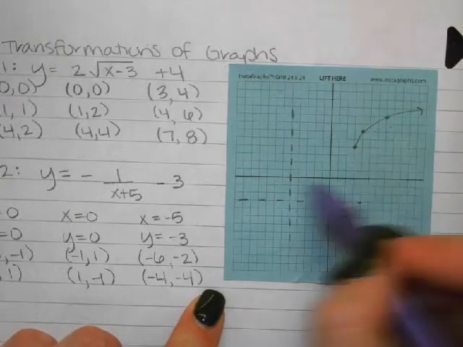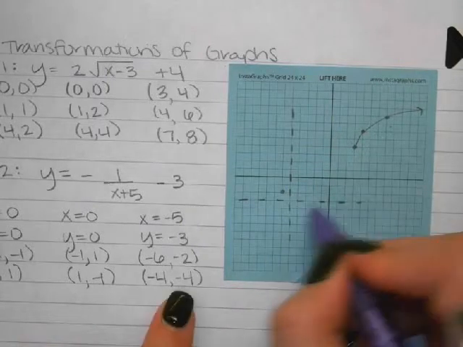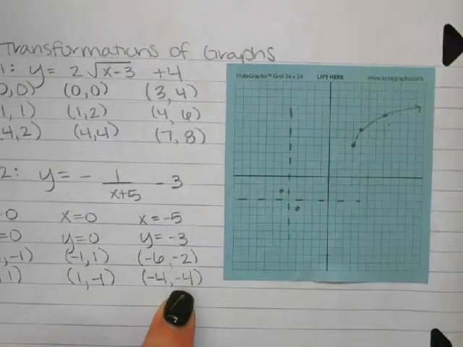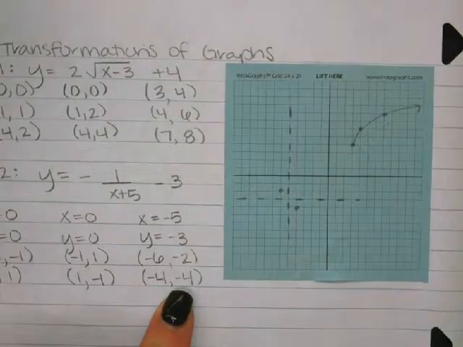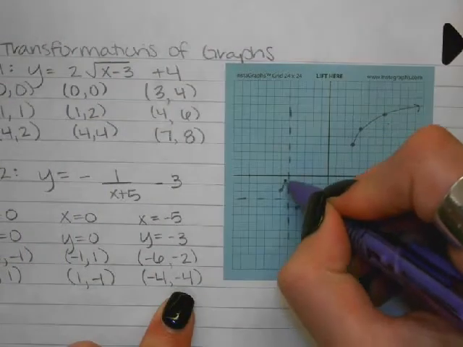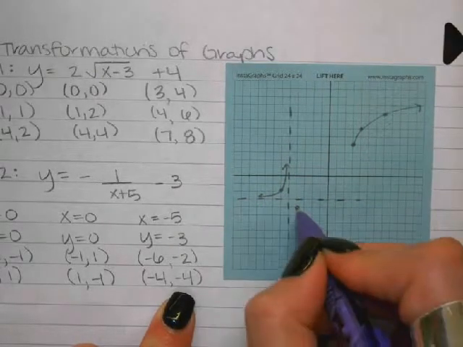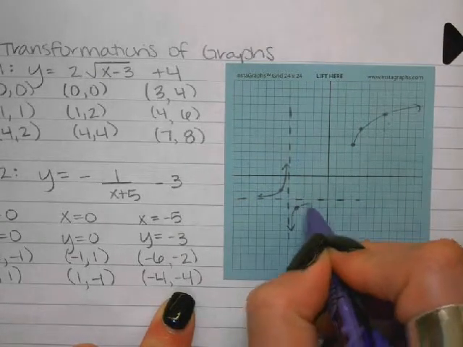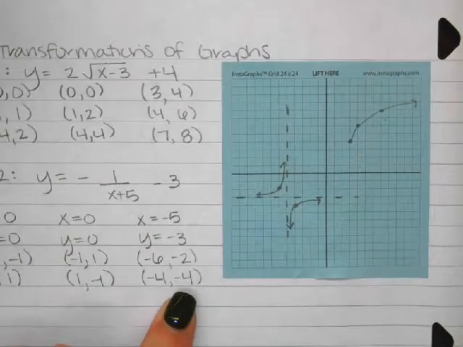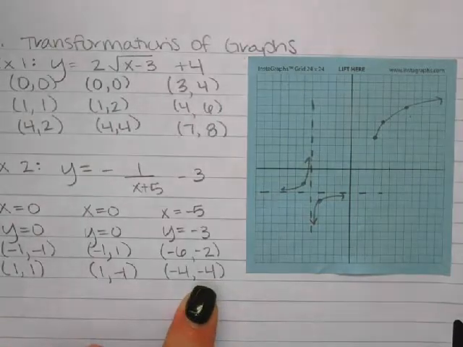So (-6, -2) puts this one right here. (-4, -4) puts that one right there. And then you can see from those points that it's pretty clear where the curves are supposed to be. Since we've drawn the parent graph, we know what they should look like. But if you're ever unsure, you can always plug in more points and then transform them. All right, example 3.